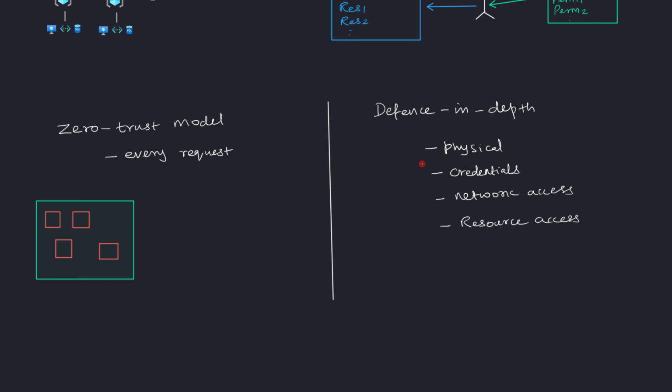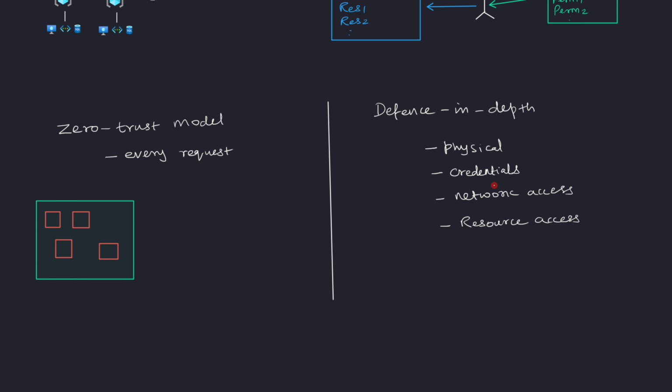Okay, so what are those layers? There are many layers, but the important ones are the physical security. So if you have a data center, the data center will be in a secure location. It will have high physical security. And then within Azure itself, you can't access anything without a valid credential. So you need to have a valid username, password, or some mechanism to identify yourself as a valid user.